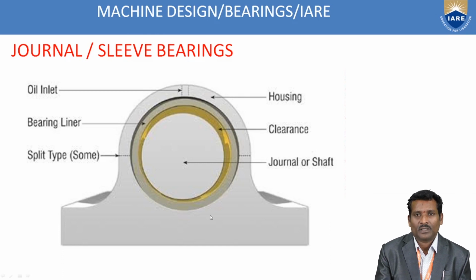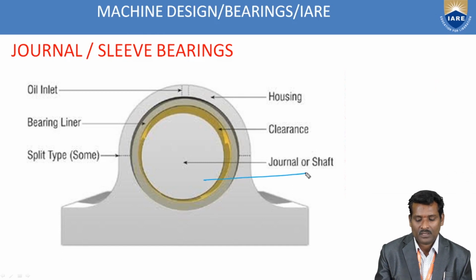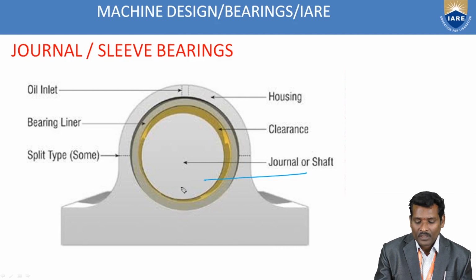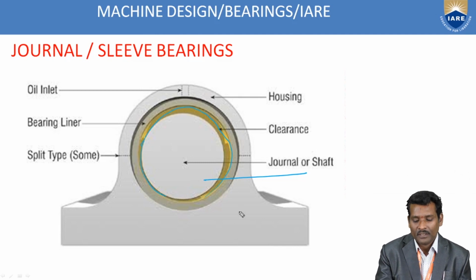Here, look at this figure. Here the journal bearing is presented. This is the journal or shaft. It rotates inside the bearing, and this is the clearance between the moving element and the fixed element.